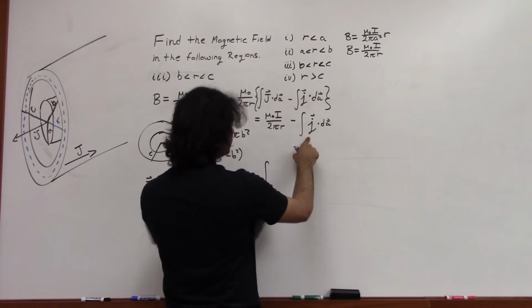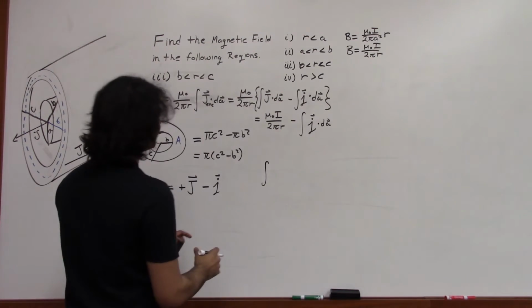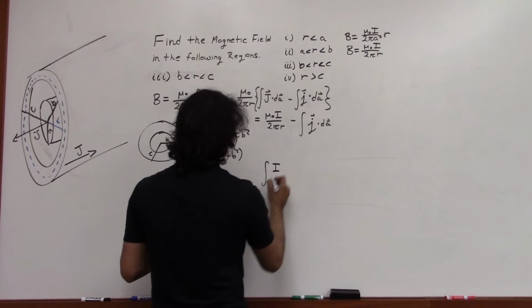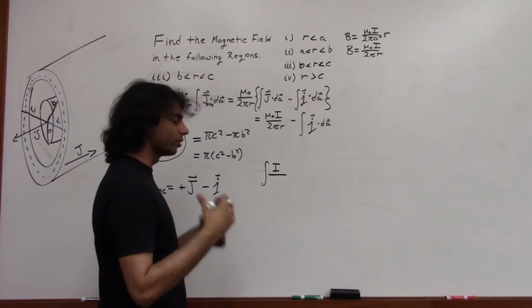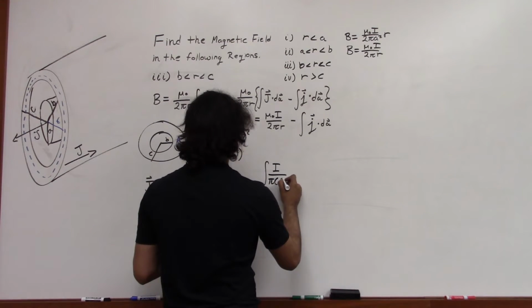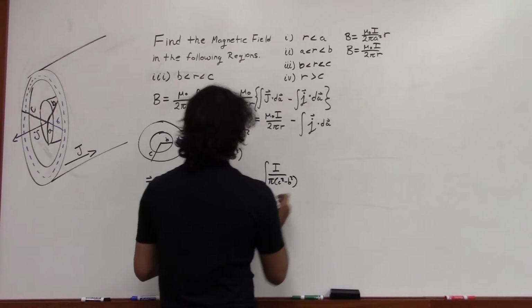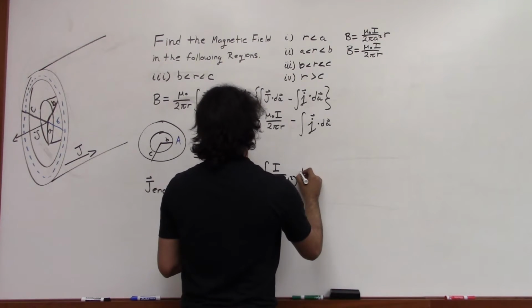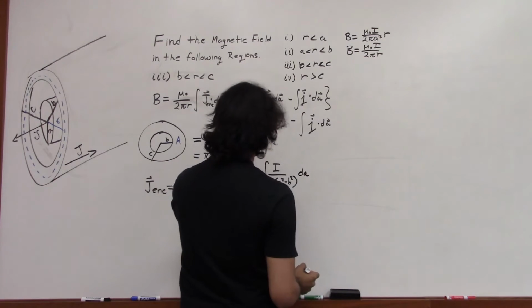This partial j is going to be the total current that's going in, I, divided by the total area, which we found here, pi (c squared minus b squared). And this differential area element we just leave as dA.